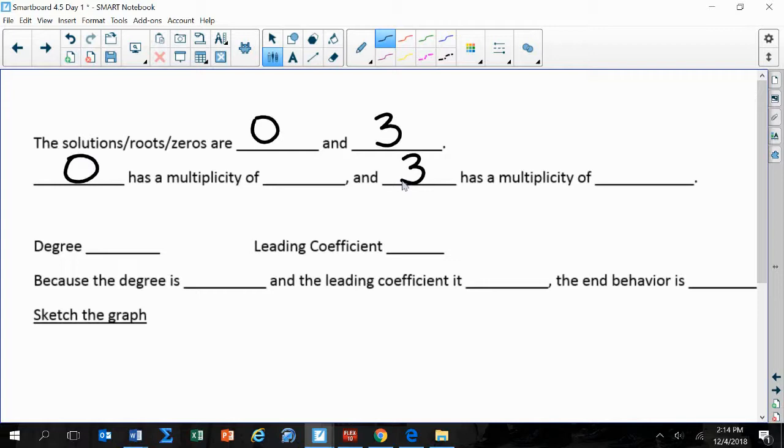Let's talk about what it means to have a multiplicity. The multiplicity is just how many times each factor appears.